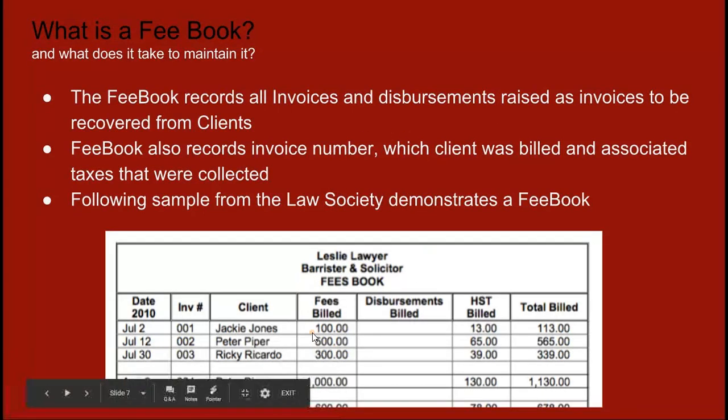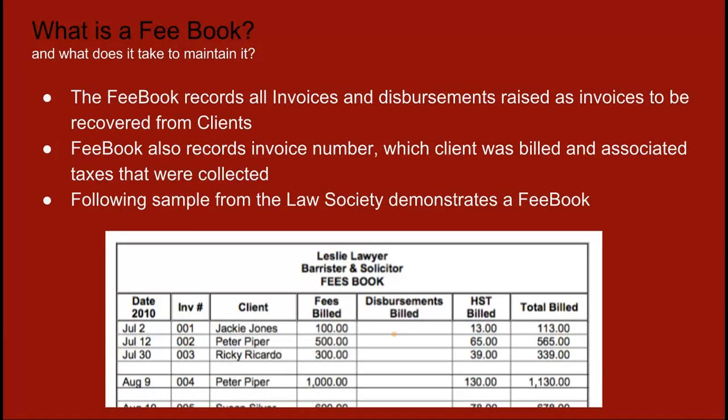So here's a good example of a fee book by date, by invoice number, and each invoice number associated with the client. And you could have multiple invoices for the same client. Like in the case of Peter Piper, the actual fees billed. In this example, obviously, they have not considered any disbursement, but if there were any disbursements such as application fee, court fee, that are part of that invoice, then that's being separated out, if you will.